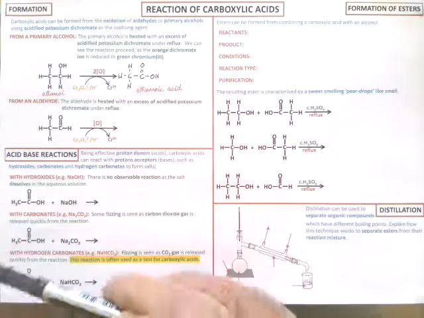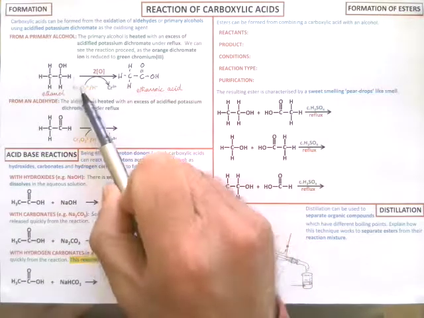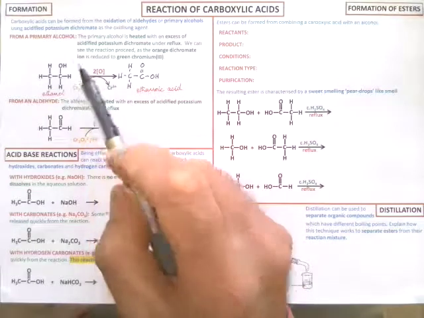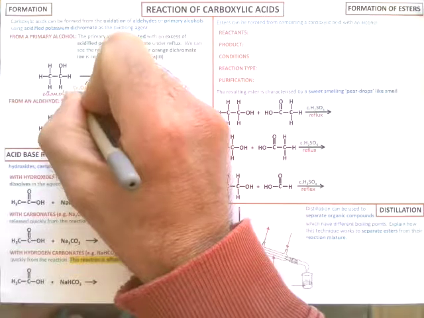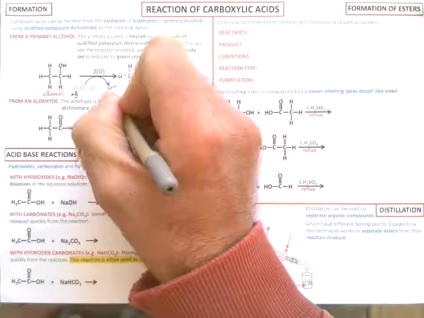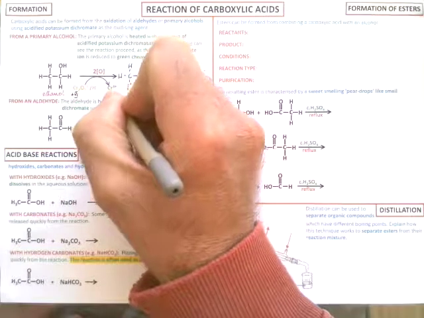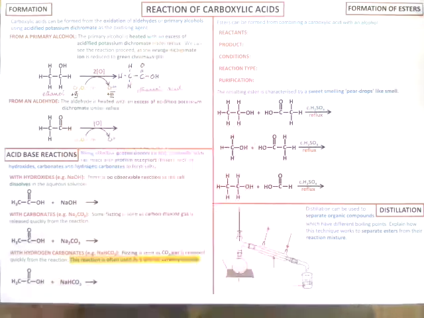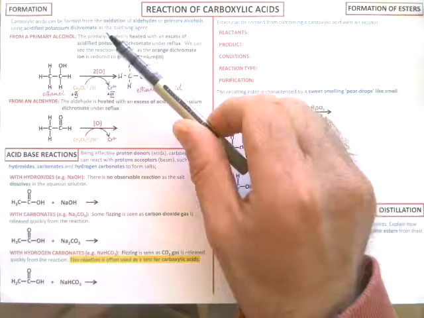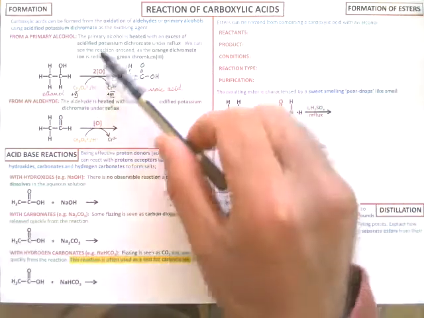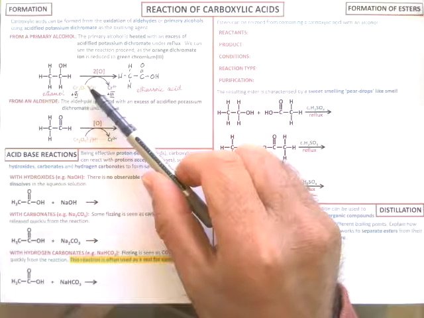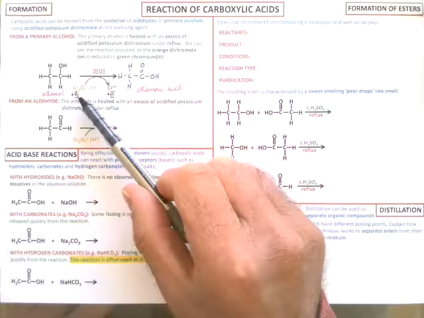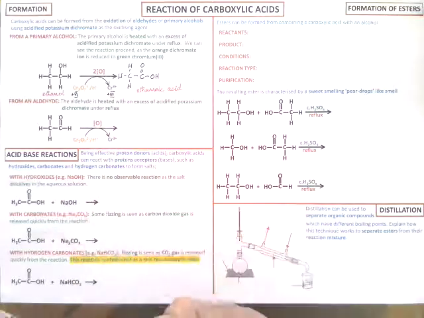The only way you'll know this reaction is happening is because the potassium dichromate gets reduced itself from oxidation state +6 to oxidation state +3, and so we see a colour change there from orange to green. So primary alcohol heated with an excess of potassium dichromate under reflux. We can see the reaction proceed as that orange dichromate is reduced to the green chromium 3.